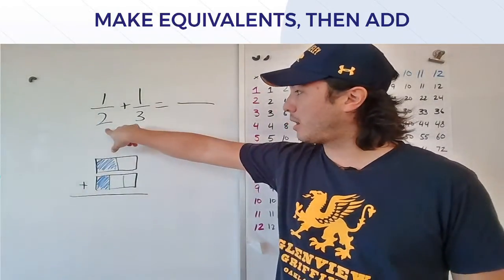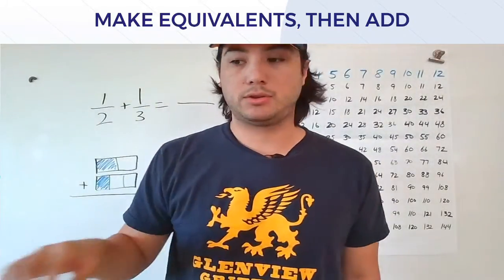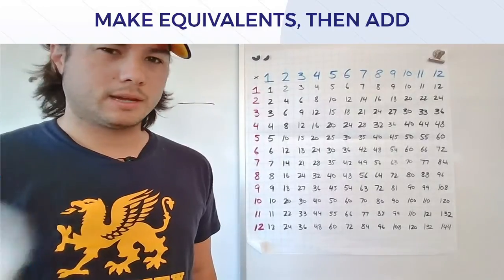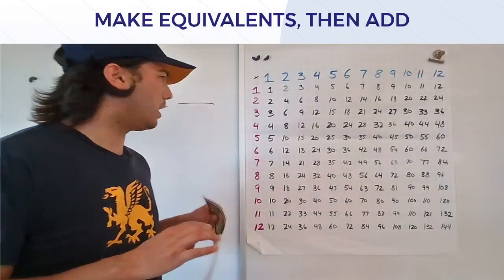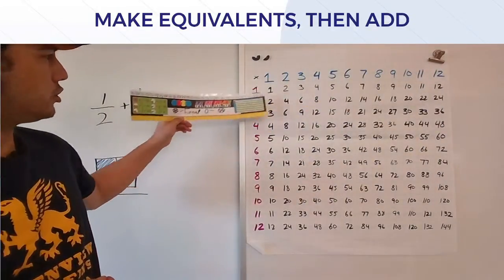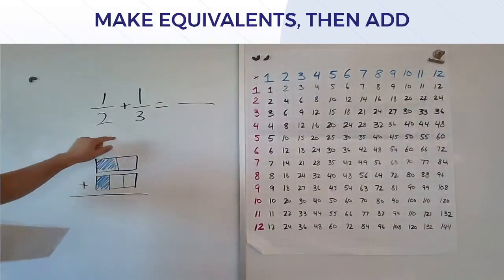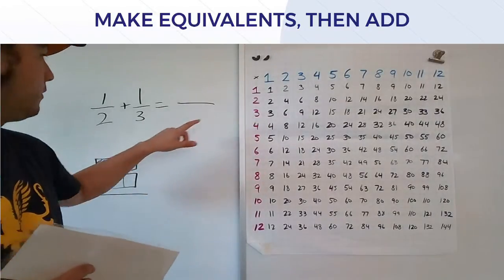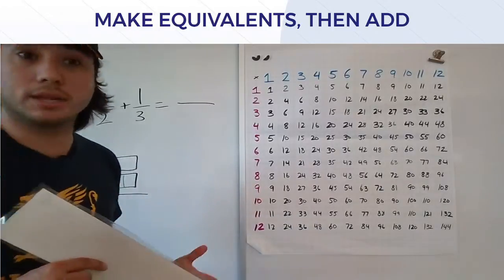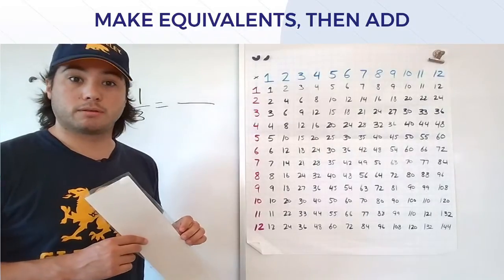So let's think about our halves and our thirds. And let's think back to Tuesday's lesson, let's find a common denominator over here on our multiplication chart. So if I look at the 2's column for our 1/2, and I'm going to look at the 3's column for our 1/3. What's the smallest number, the number with the least value, that appears in both columns?